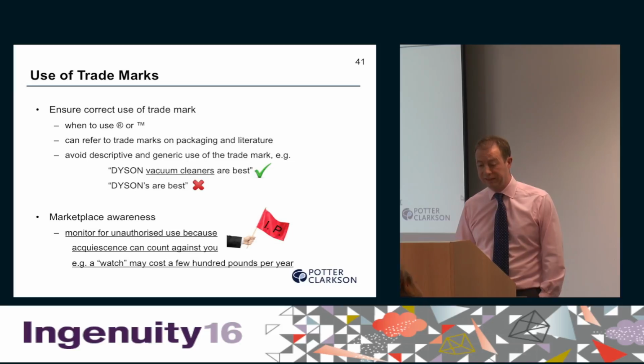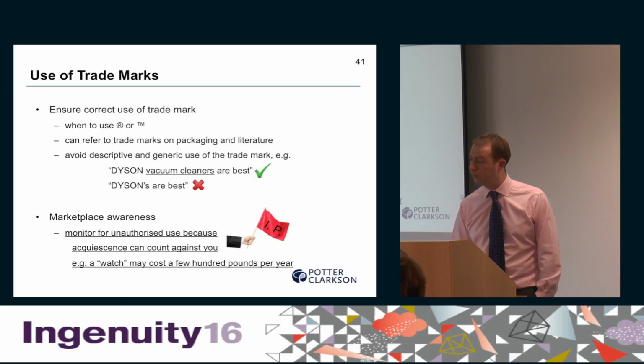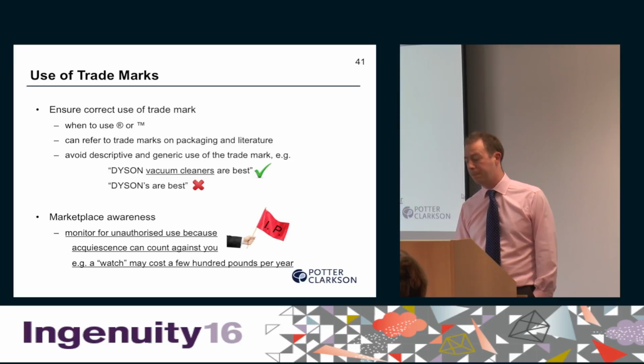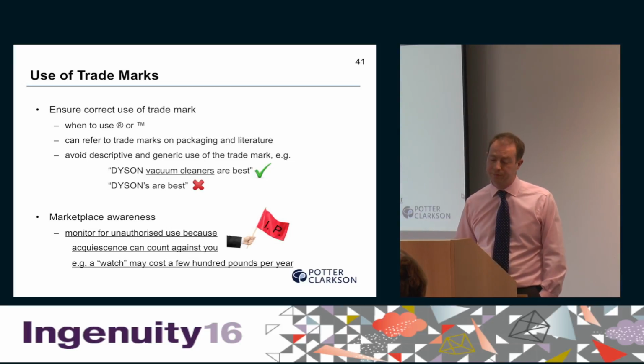So one way of monitoring is to perform a watch on various registers and other databases and sources of information, and that may cost a few £100 per year. With all these things, you've got to work out what's value for money for your business, of course.